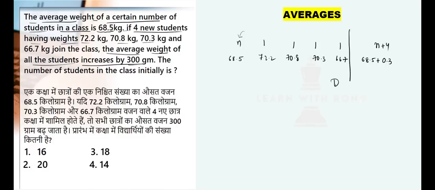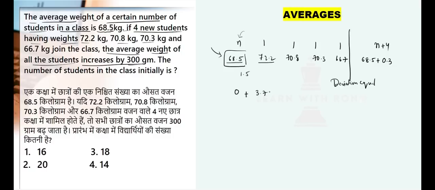Okay, let's make deviations equal. So I will assume 68.5 is the average here. So if I assume 68.5 here we get deviation 0 and here we get 72.2 minus 68.5. So here is 1.5 and 2.2.